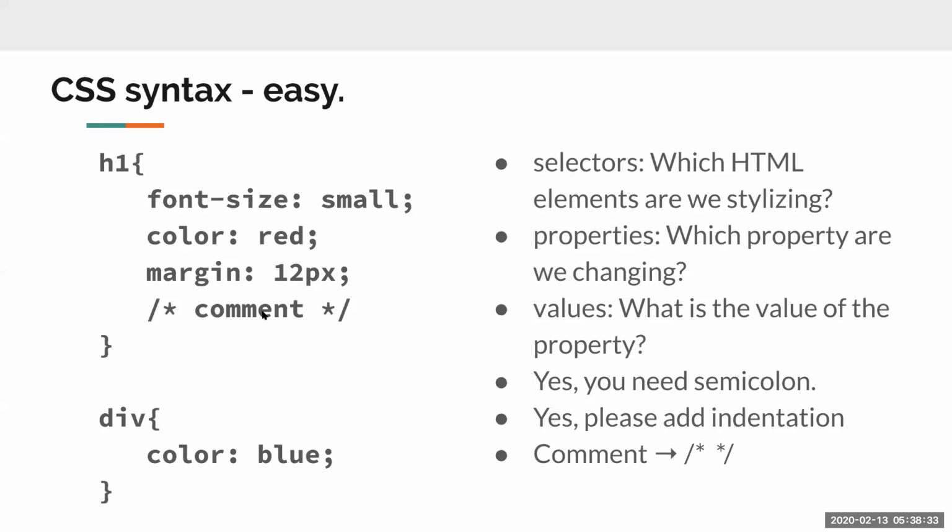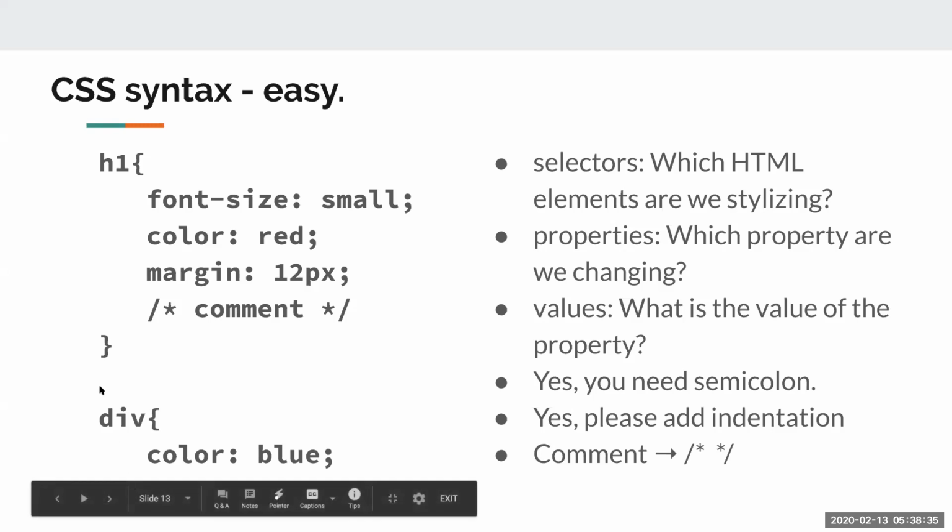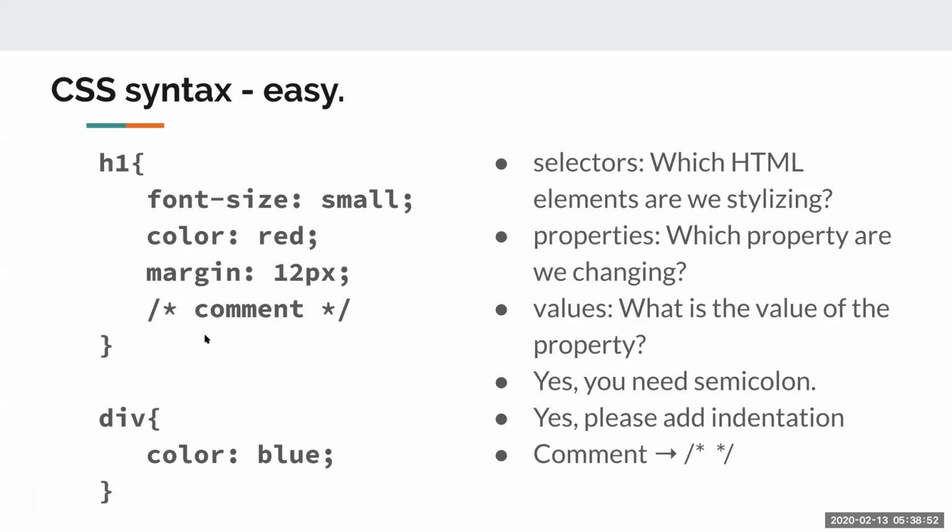You can put some comments. In CSS code, you can have multiple elements. In this case, it's specifying the style of the div element and setting its font color to blue. That's the essence of CSS syntax.